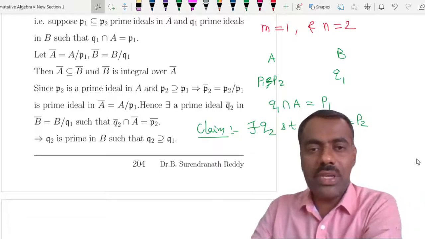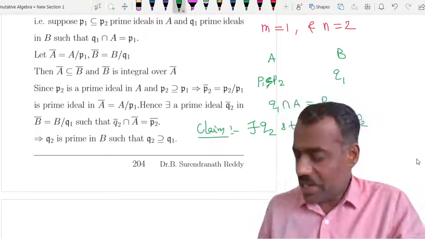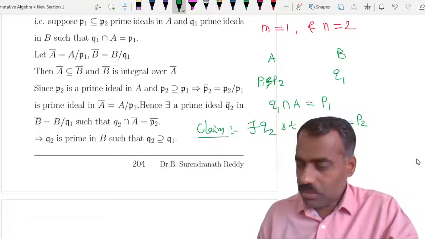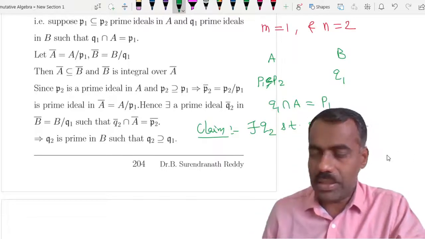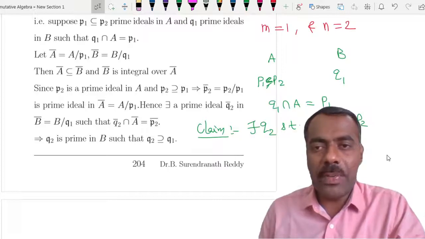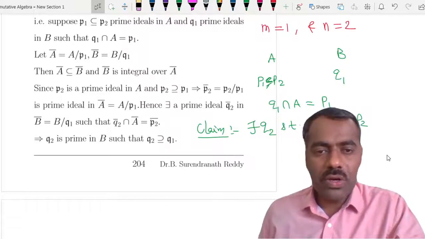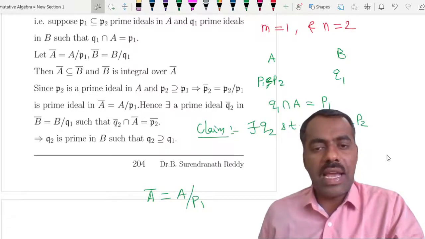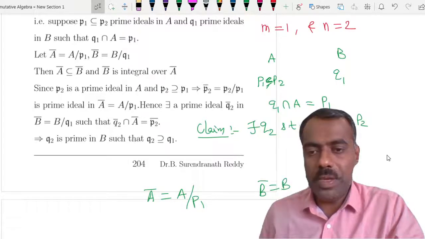But instead of doing it for A and B, we do it slightly differently, because we require an integral domain. So instead of applying it for A and B, we go for A bar, which is A modulo P1, and B bar, which is B modulo Q1.